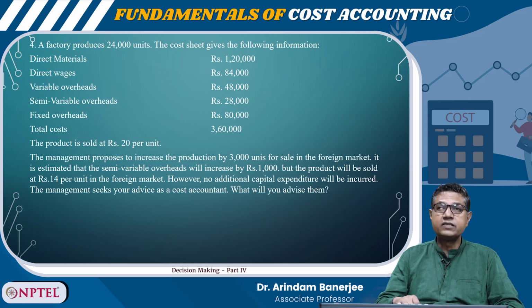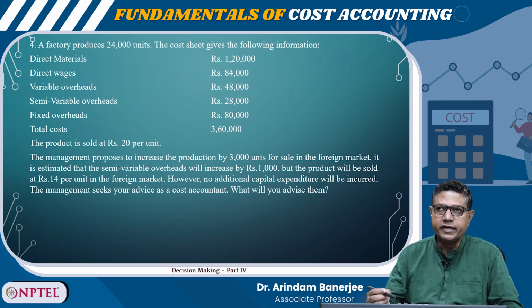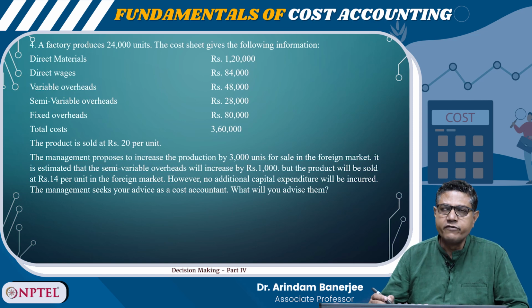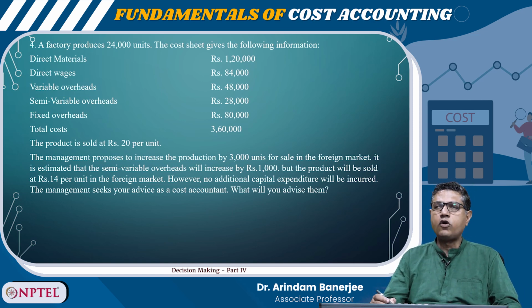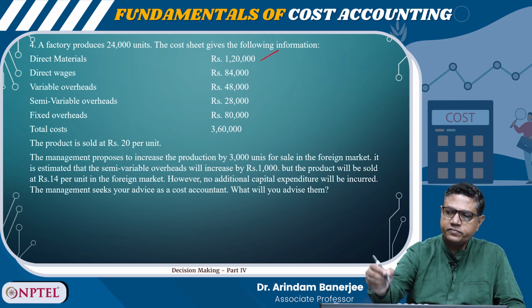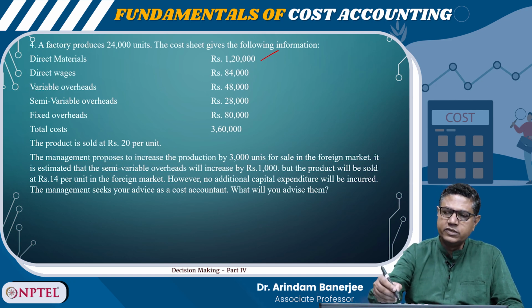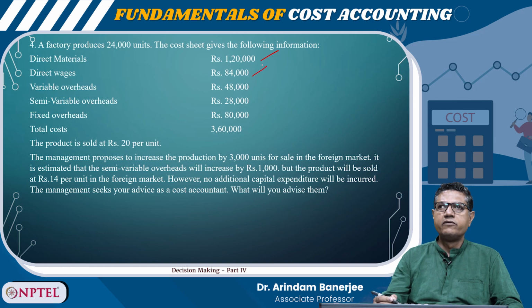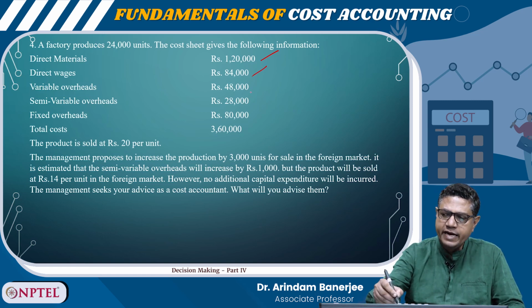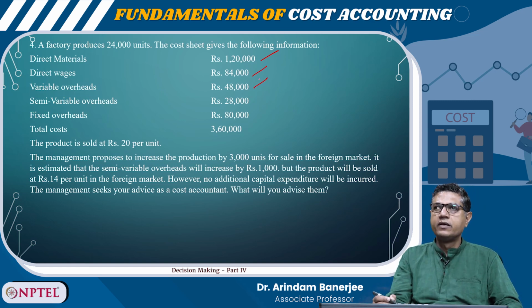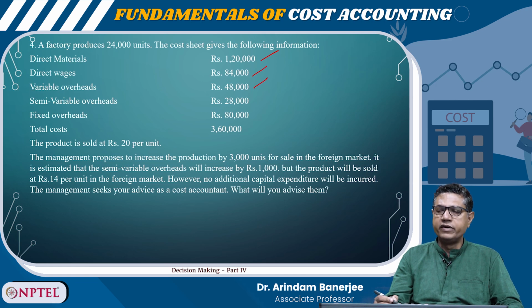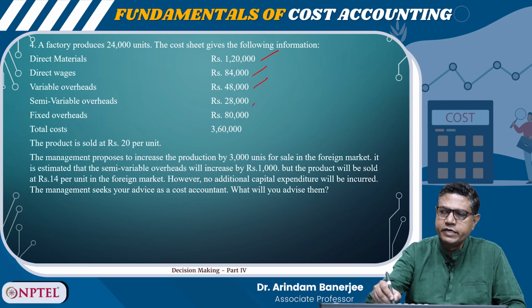Now, first one for today, the factory produces 24,000 units. The cost sheet gives the following information: direct material rupees 1,20,000, direct wages 84,000, variable overheads 48,000, semi-variable overheads 28,000.